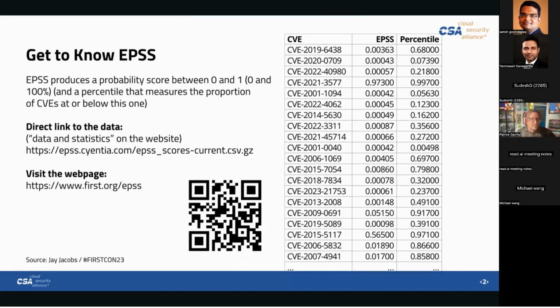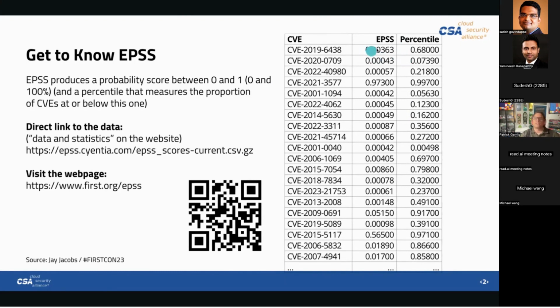What EPSS is, very simply put, here's the data. When you call the API, you can submit a CVE, and it's going to give you back 2 components. The exploit prediction score, the scoring system itself, is between 0 and 1, and it ranks based on probability of exploitation. The second piece is what percentile that scoring threshold is in.